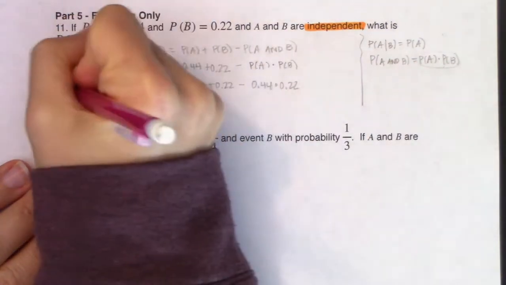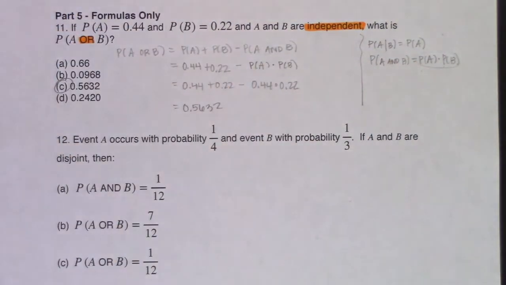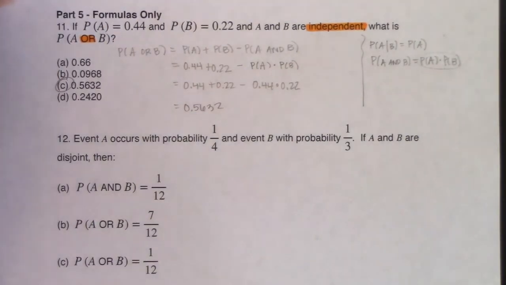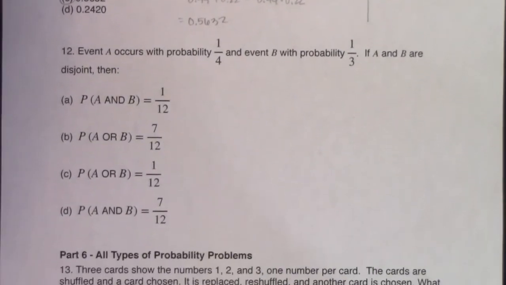All right, and then I can see that answer hanging out in part C. So again, formula only, no Venn, no tree, no table, no counting even. This was just formulas.